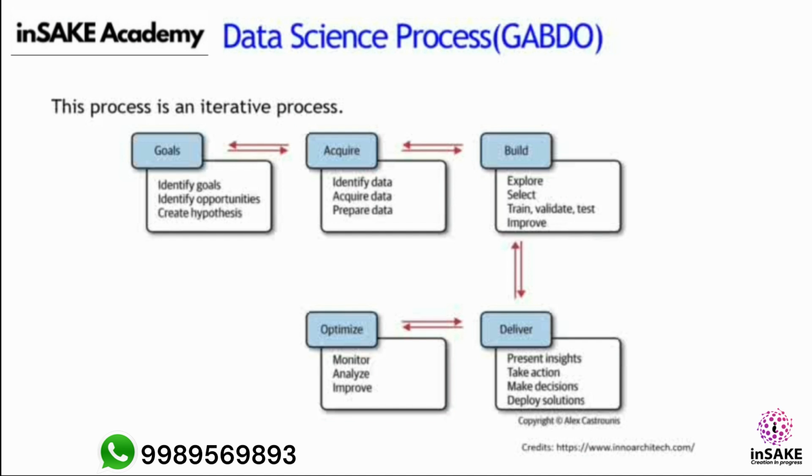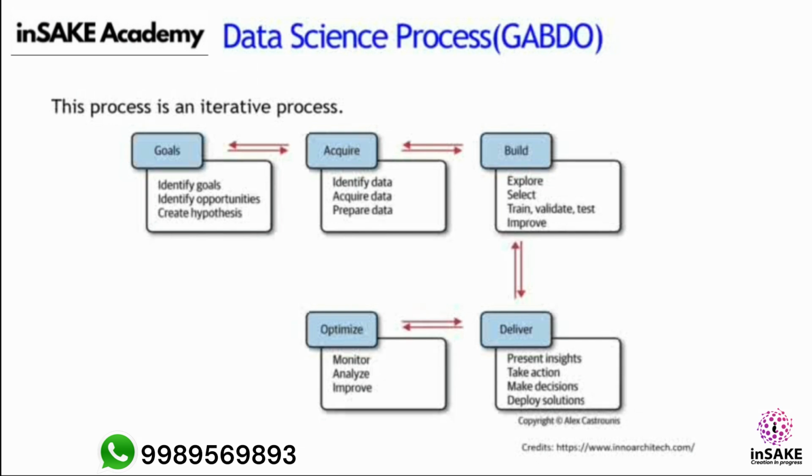Even in real-time scenarios, take the toy datasets, candy datasets, which are considered toy datasets in most cases. Those will be almost filled. But in real-time scenarios, if you get some data, it will be completely messy data. So you should be in a position to deal with the cleaning of data.